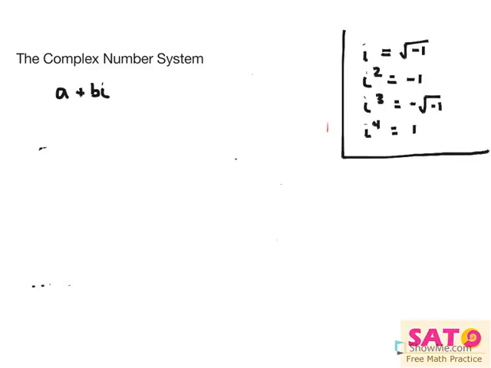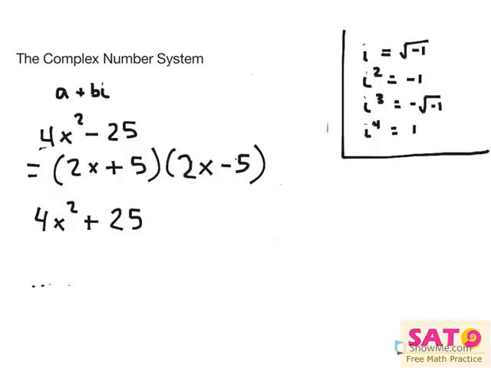Let's say you know that 4x squared minus 25 equals the product of 2x plus 5 and 2x minus 5. But what about 4x squared plus 25? Normally we would say no solution because there's no real factorization for that. But there actually is, and we can use complex numbers for that.